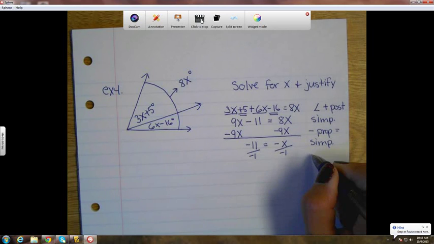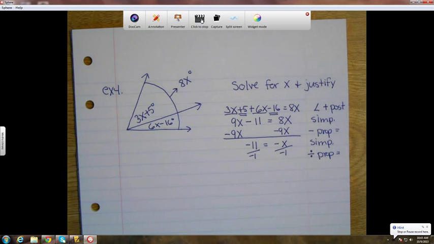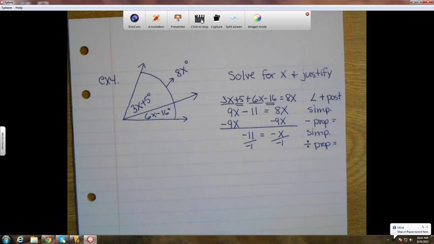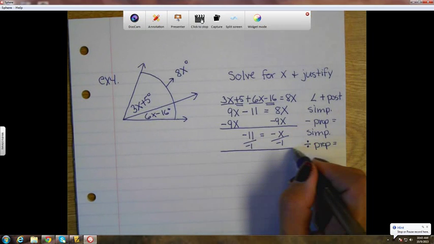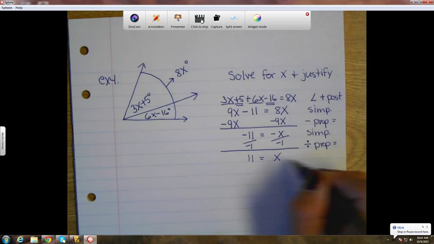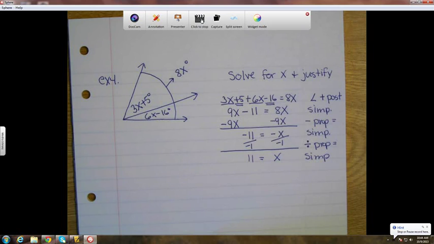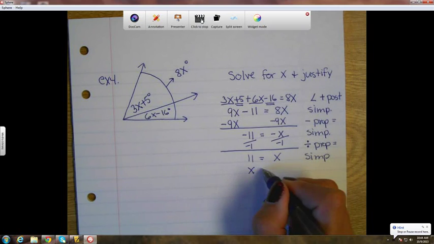That was division property. Now we've got 11 equals x by doing the simplifying. And finish it up with x equals 11 with symmetric.